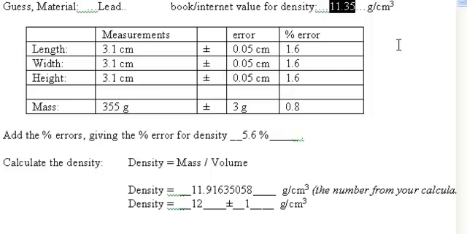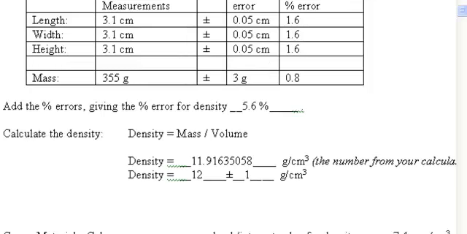But my error is relatively large, 5.6% respectively plus minus 1, so the book value actually falls within my measurement plus minus the error, somewhere between 12 plus minus 1. That error range allows me to say that my measurement is actually pretty good. I'm relatively close considering that I have a relatively large error of 5 or 6%.